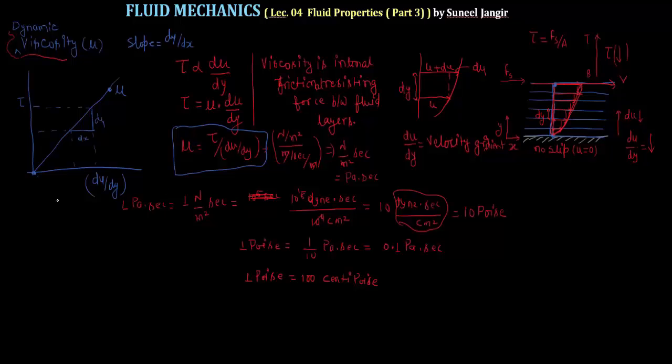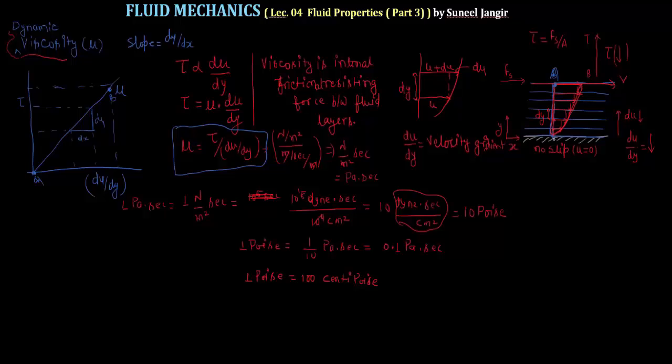So when we are moving from point A to B, actually I'm moving from the top layer where tau and du upon dy are 0, this is A point, to the point B where du upon dy and tau are maximum.